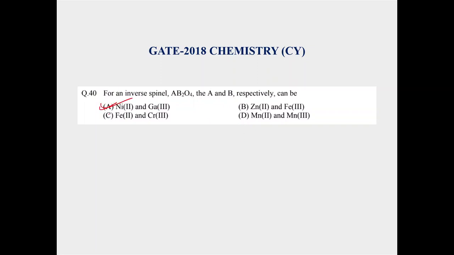Just for option A, that is nickel 2+ and gallium 3+, we are getting an inverse spinel structure. So for question number 40, the correct option will be Ni2+ and gallium 3+. Okay, it's clear? Yes, ma'am. Okay.